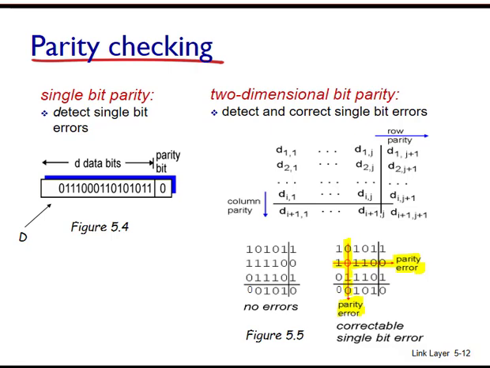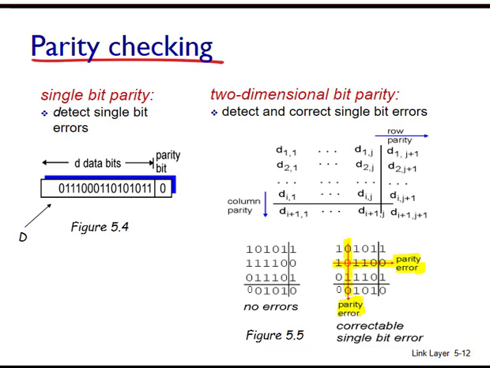Figure 5.5 shows an example in which the one valued bit in position row 2, column 2 is corrupted and switched to a 0, an error that is both detectable and correctable at the receiver. So you see, it is possible for a receiving device to actually detect and correct the bits.